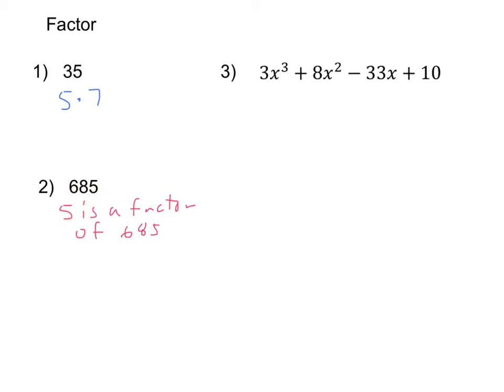How does that help us? If we know that 5 is a factor of 685, the factorization of 685 would be 5 times some number. So then all we've got to figure out is what that something is.